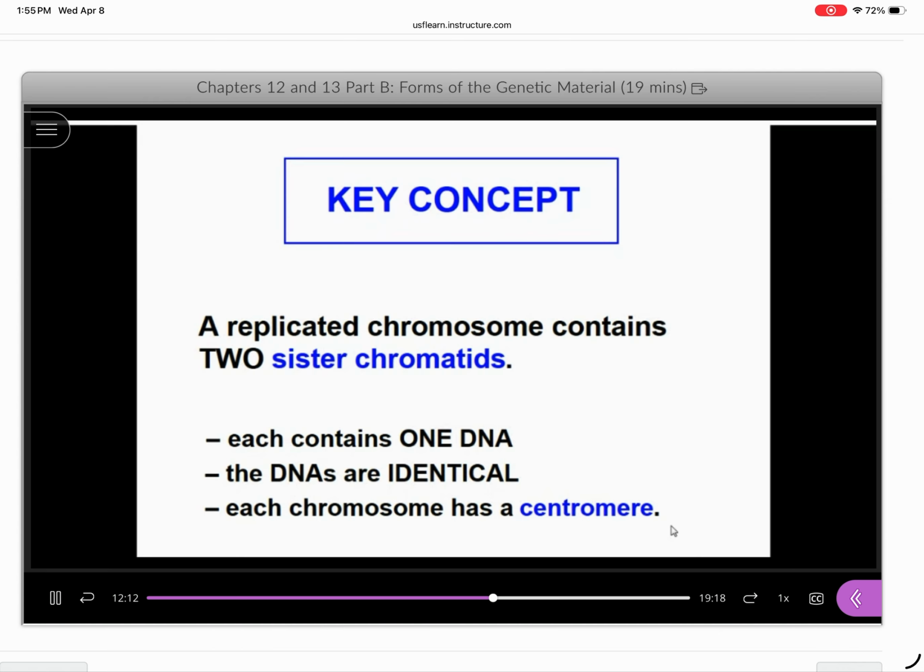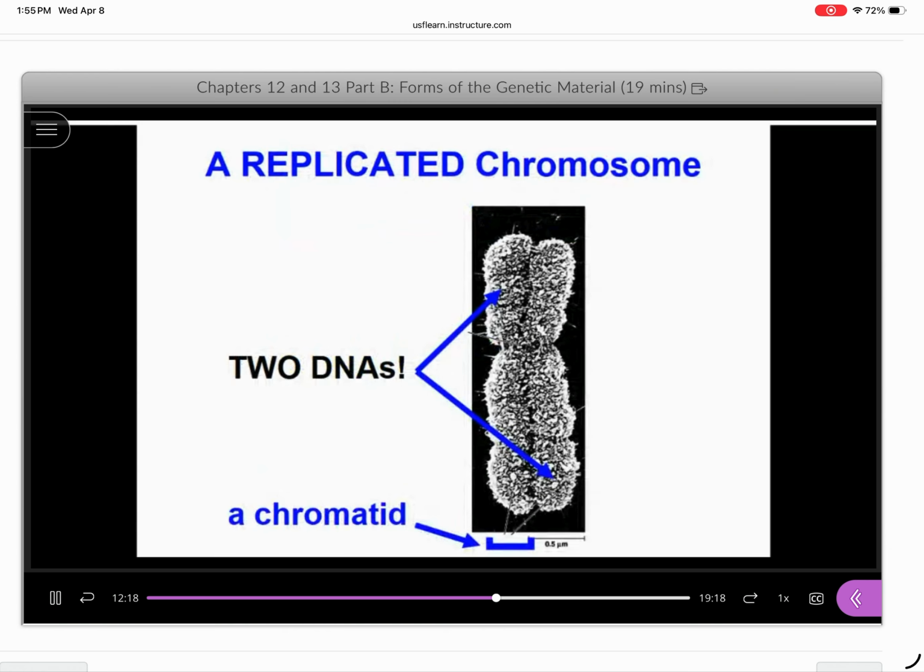And each chromosome has a centromere. What does centromere mean? Well, it's this region here. The centromere is where the replicated chromosome, the sister chromatids, are going to be pulled apart from.